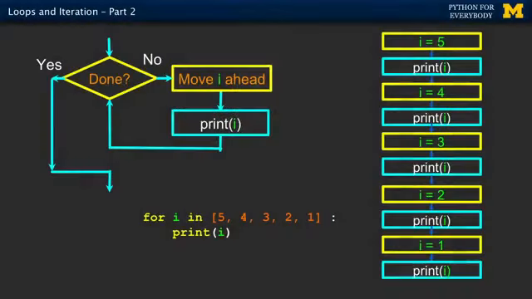So here's an interesting thing. You certainly can think of this as an iteration, but at some level, it's really just a contract that says, run this code 5 times with i taking on the value. So you hardly know the difference between it saying i equals 5, print i, i equals 4, print i, i equals 3, print i, i equals 2, print i, i equals 1, print i.